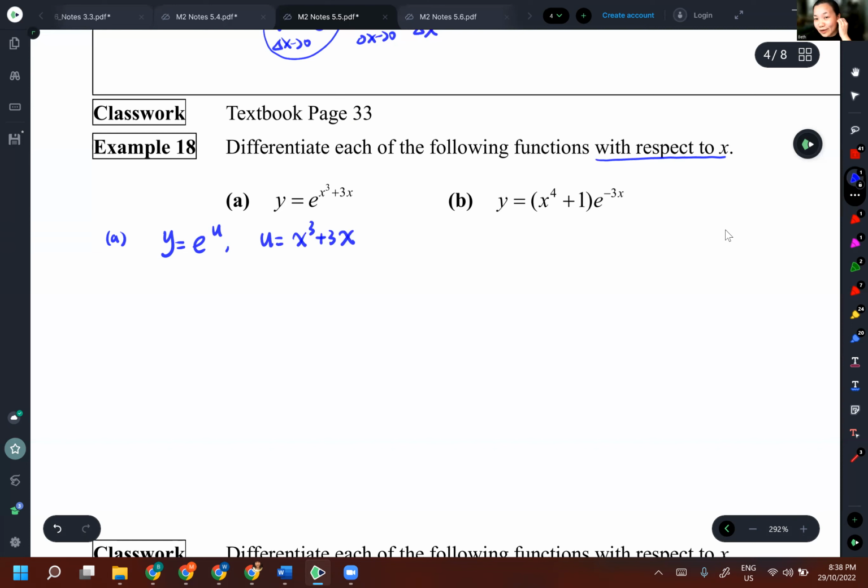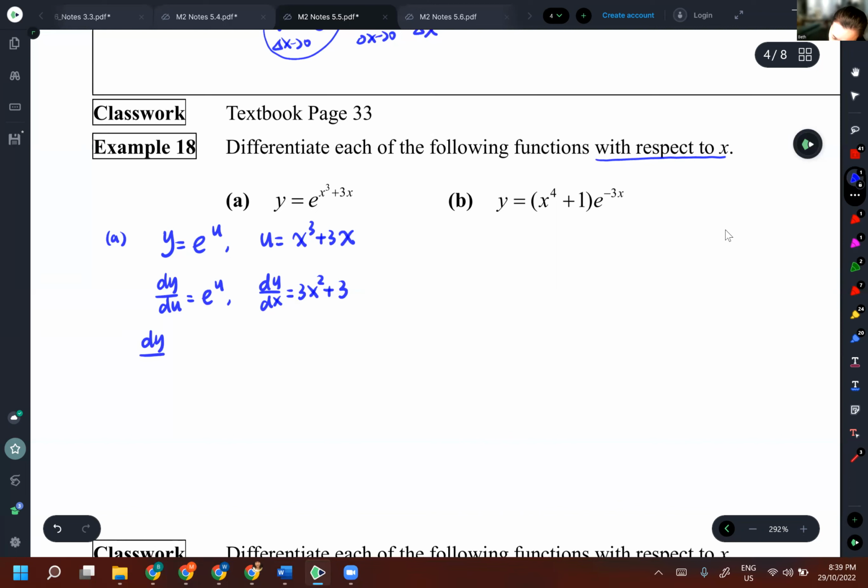For the first time, slower. dy/du is e to the power u, identical to the original function, and du/dx is 3x squared plus 3.